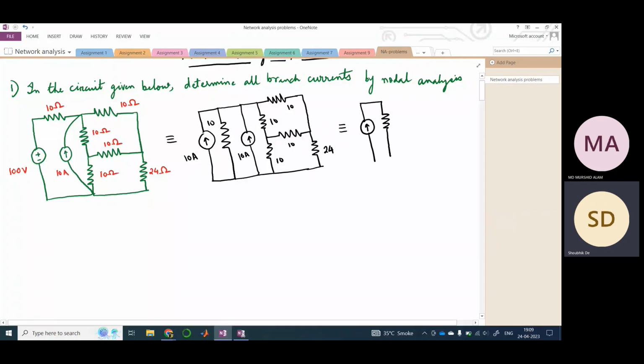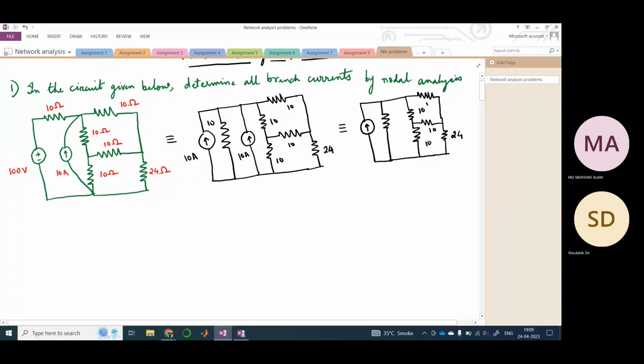And then again you have the resistor, and then the remaining resistances that we have. So this is 10, 24, 10, 10, and here also it's 10. This will be 10 and this will be 20 ampere.